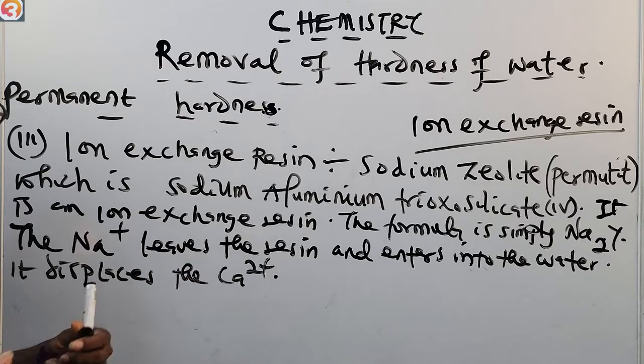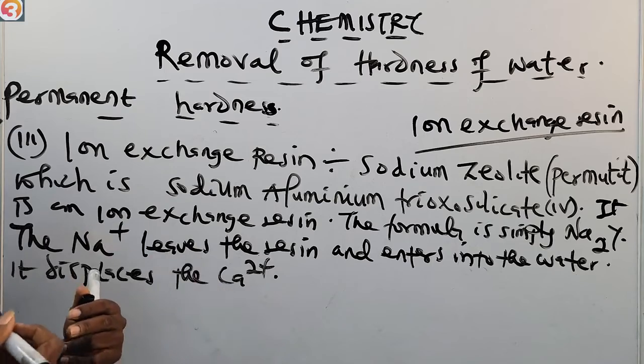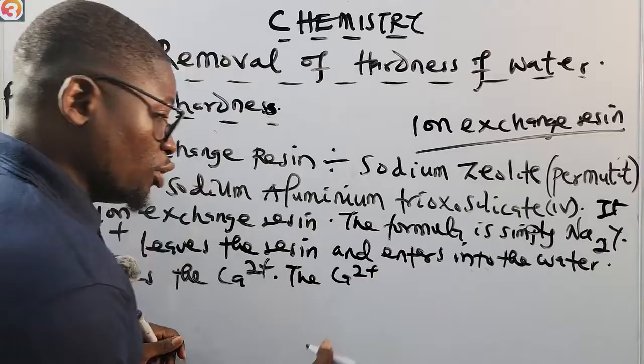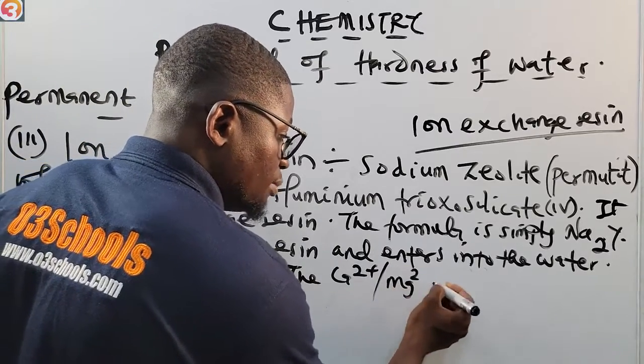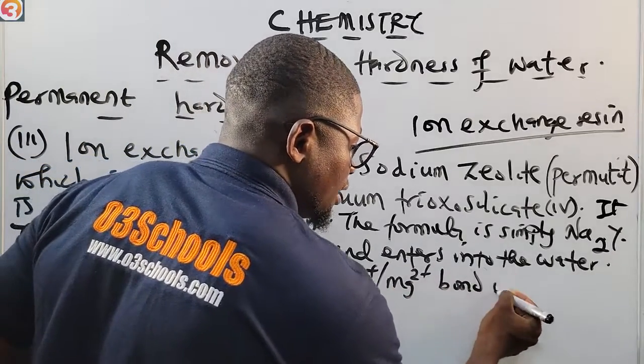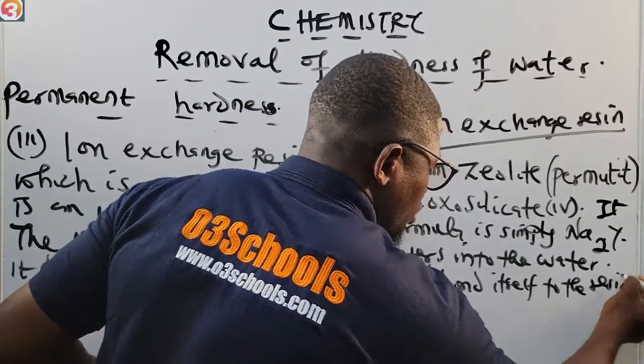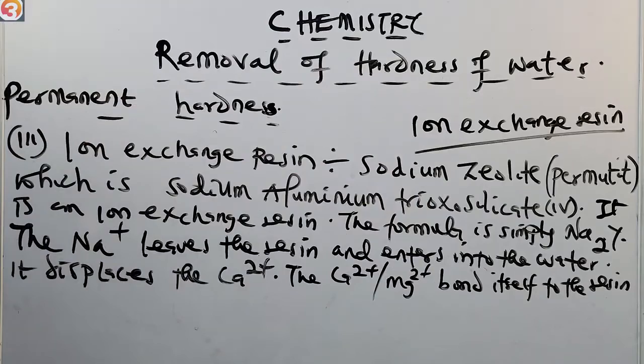The Ca2+, that calcium ion or the magnesium ion, bonds itself to the resin. This is what happens in the ion exchange resin.